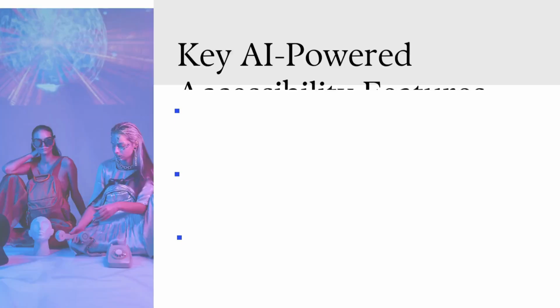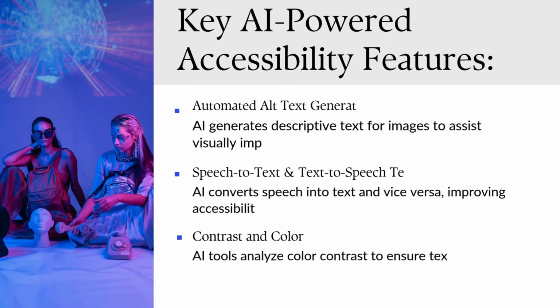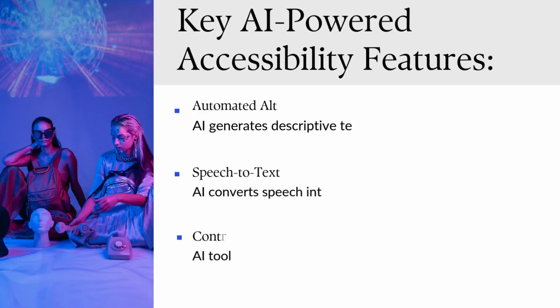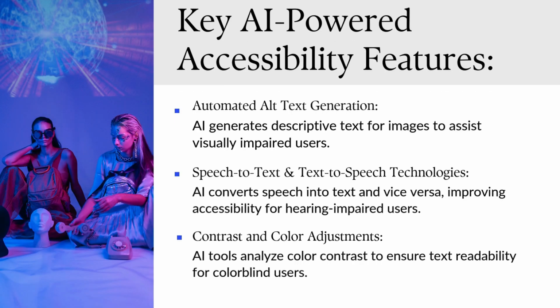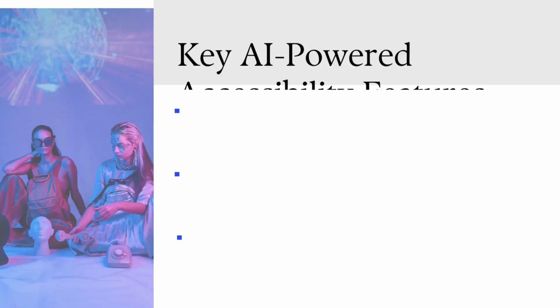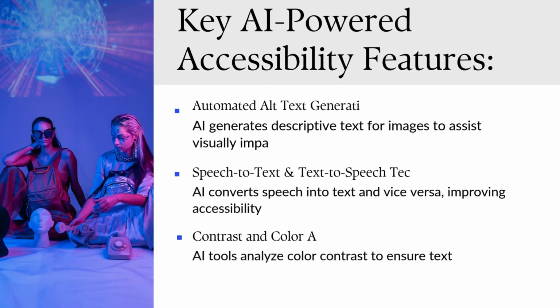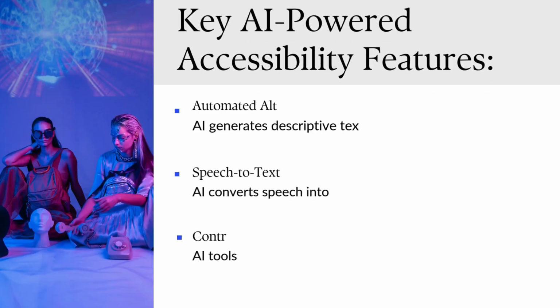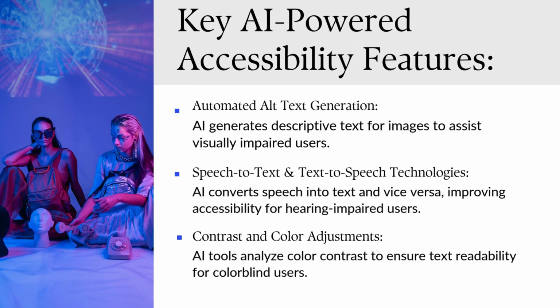Next on our list, we have what we call the contrast and color adjustments. With this feature, AI tools analyze color contrast in order to ensure text readability for colorblind users.